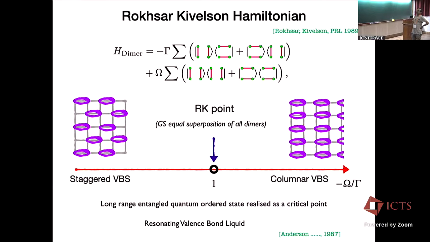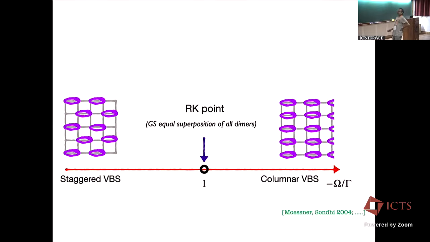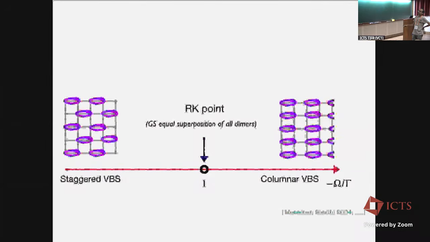In this class of bipartite lattices, this only occurs as a critical point, and so it's basically the same thing here. We have the staggered phase and the columnar phase and the Rokhsar-Kivelson point, where the ground state is equal superposition of all dimers. So it does not have any particular order, but finite many-body entanglement.